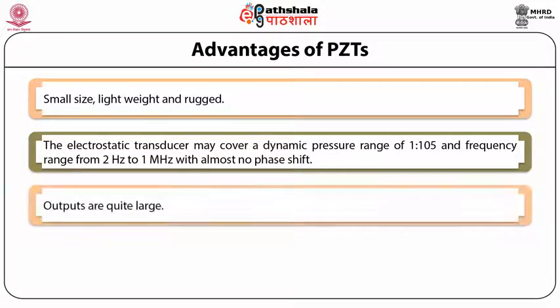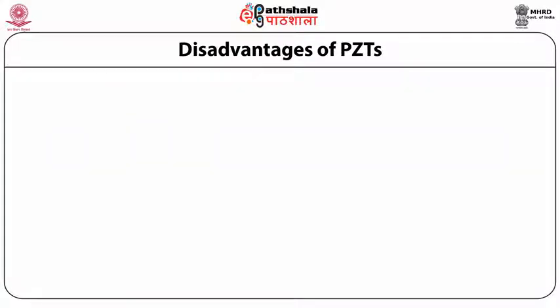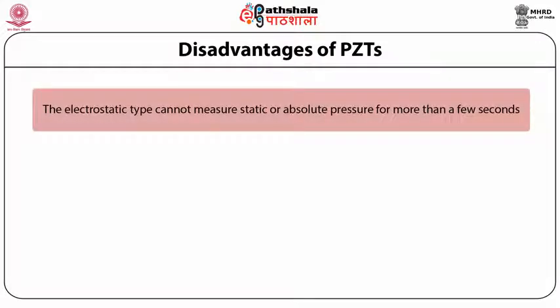Outputs are quite large. Special units operate up to 350 degrees Celsius. Now it comes with certain disadvantages also. That is, the electrostatic type cannot measure the static or absolute pressure for more than a few seconds.